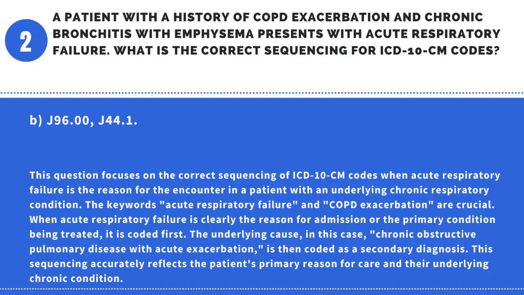When acute respiratory failure is clearly the reason for admission or the primary condition being treated, it is coded first. The underlying cause, in this case, chronic obstructive pulmonary disease with acute exacerbation, is then coded as a secondary diagnosis. This sequencing accurately reflects the patient's primary reason for care and their underlying chronic condition.